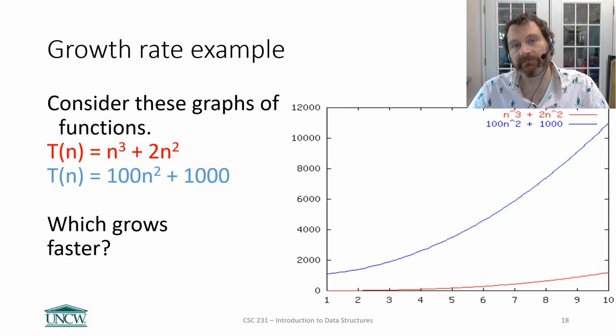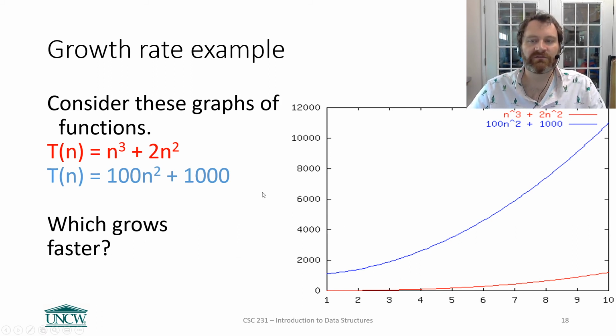But the question is not which one is necessarily bigger here in this frame, but which one grows faster, right? Why do we care about growth? Because the thing that grows faster is ultimately going to overtake something that grows slower once your n's get big enough. So here we're zeroed in on very small values of n.